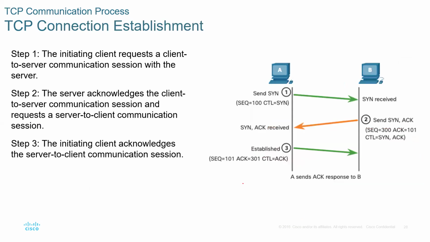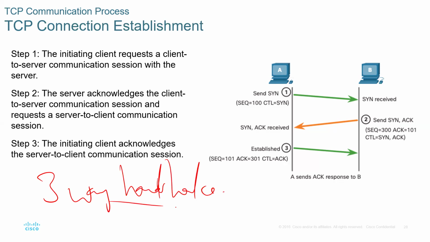All right, connection establishment. One of the roles played by the transport layer is session establishment and termination. Session establishment, let's call it connection establishment, is also known as the three-way handshake. Three steps basically.